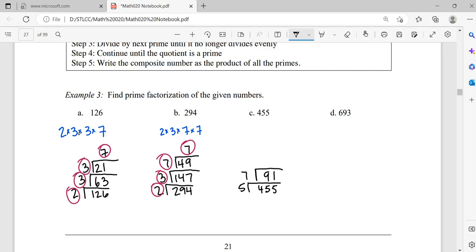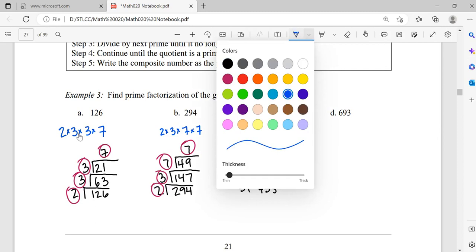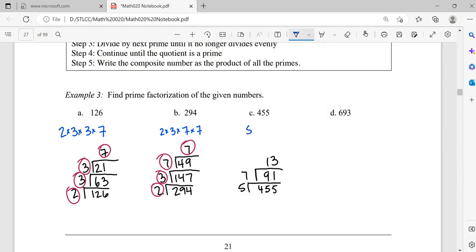You just have to try it. So 91 divided by 7 is going to give you 13. And 13 is a prime number. So you have 5, 7, and 13 as your answer. 5 times 7 times 13.